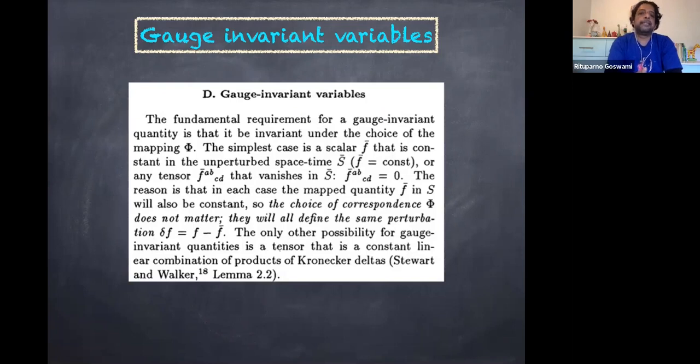The only possibility for gauge invariant quantities in a tensor is a constant linear combination of products of Kronecker delta. This was given by the Stewart and Walker lemma, a very important lemma. So what is the take home moral of the story here? Any covariantly defined tensor that vanishes in the background will, by the Stewart and Walker lemma, be gauge invariant.